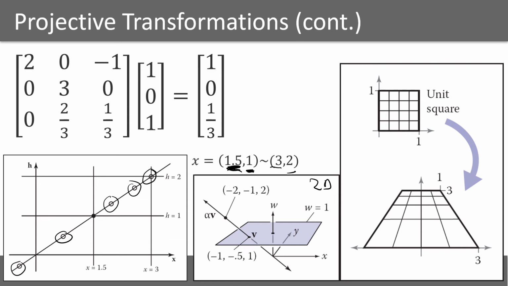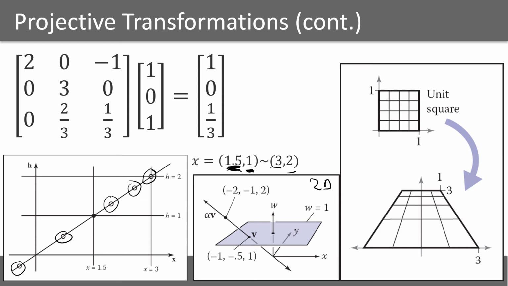There are other homogeneous coordinates which do not have the value 1, could have even a value 0, and this will correspond to slightly different coordinates of xy, which are, however, equivalent to some point on the plane w equals 1.